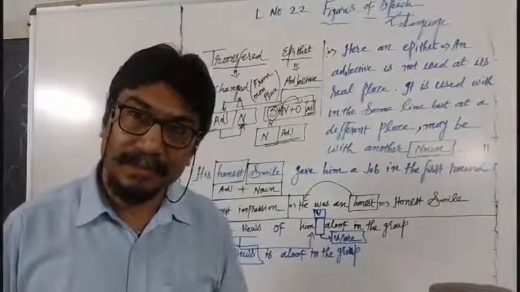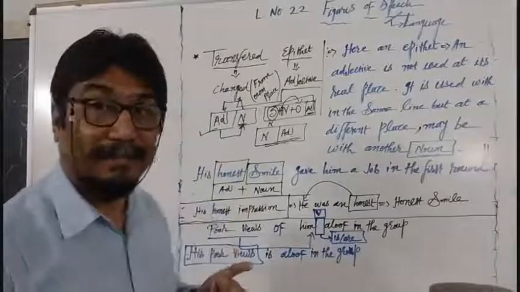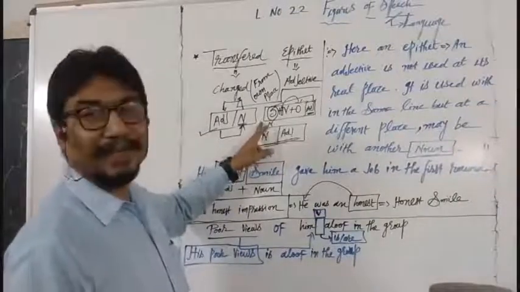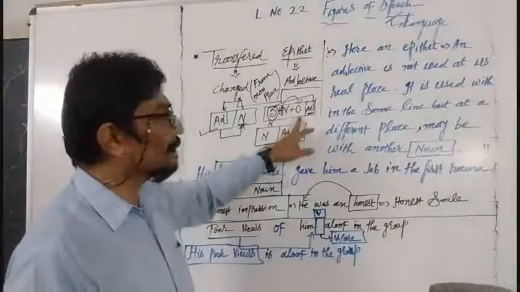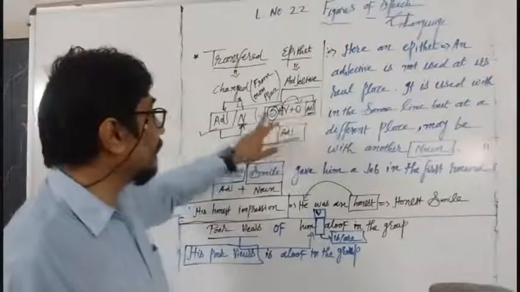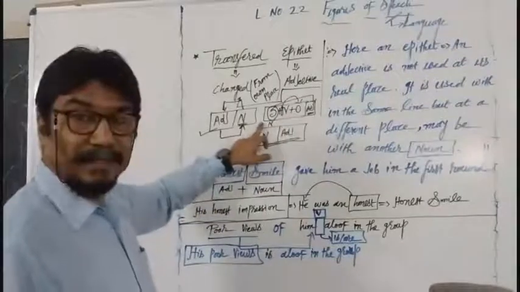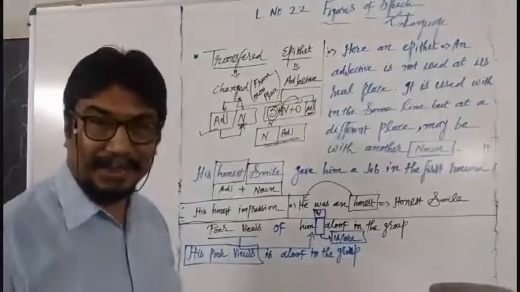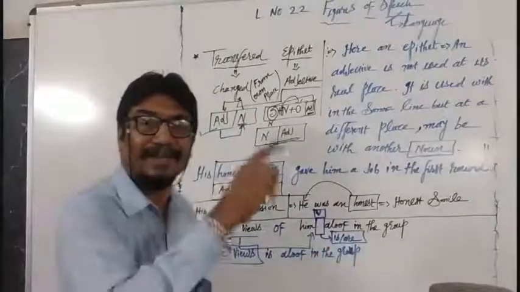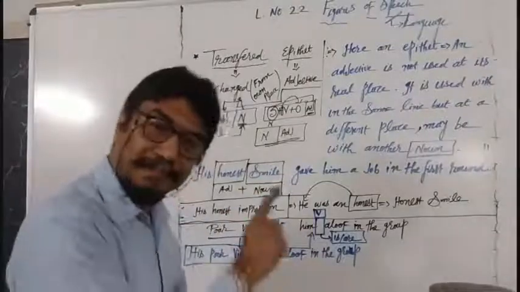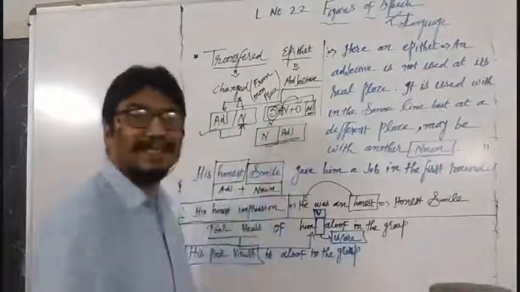A noun can be at the place of subject, and a noun can also be at the place of object. And if this adjective is connected with the subject, and it is used soon after the object, then the connection of the adjective cannot be with the object. That will be with the subject only, but the place is different.